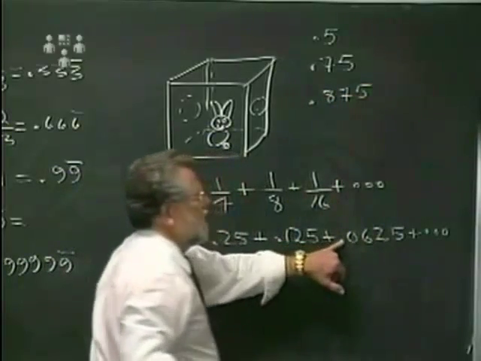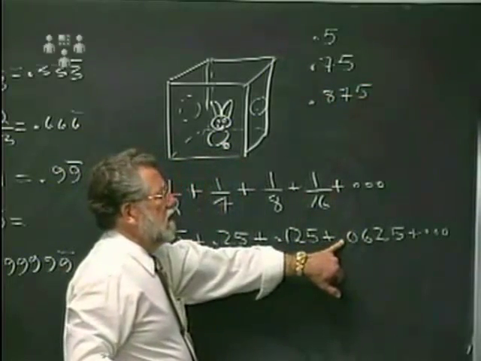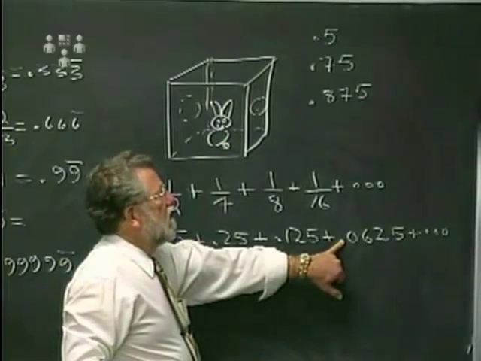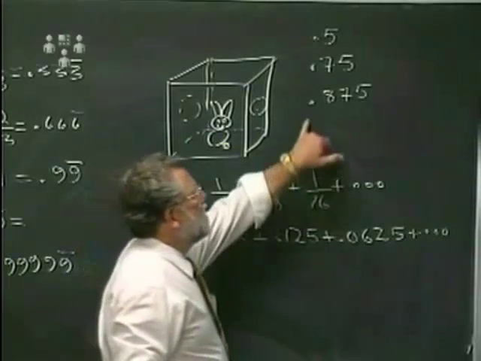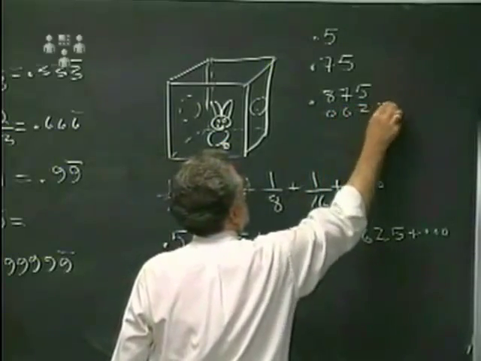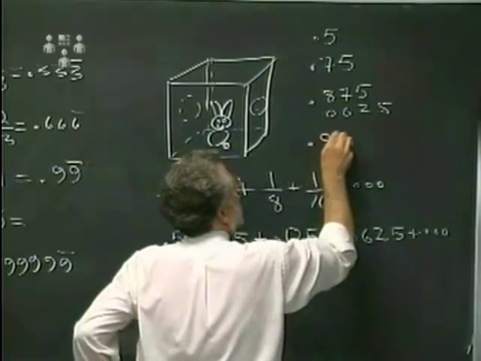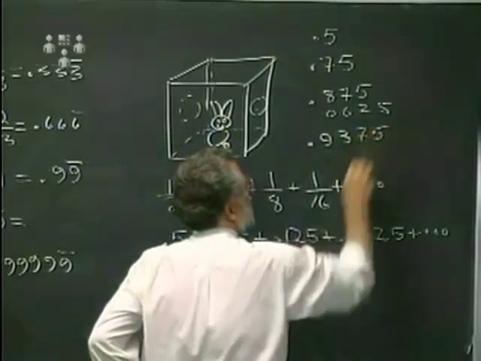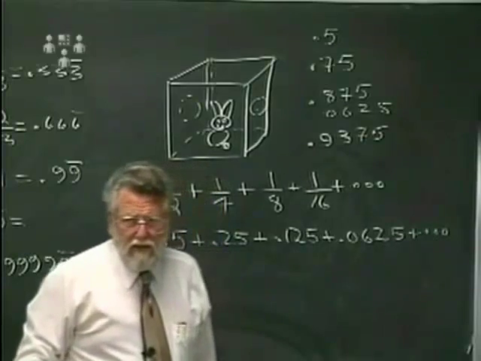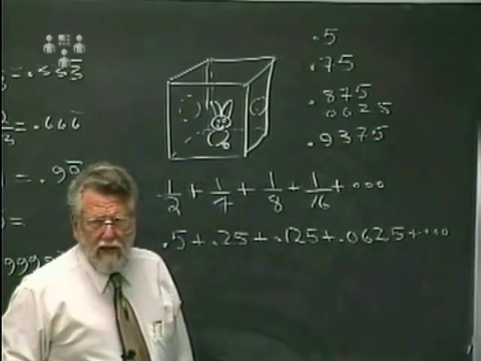And then you add in 0.0625 and what do you get? It goes to 0.9375. Correct? I'm just adding. This is not doing anything particularly aggressive.